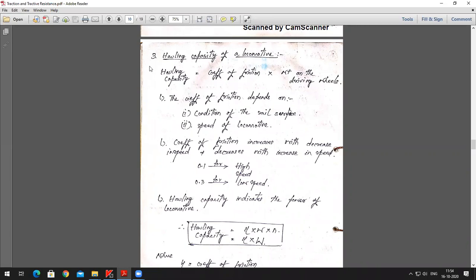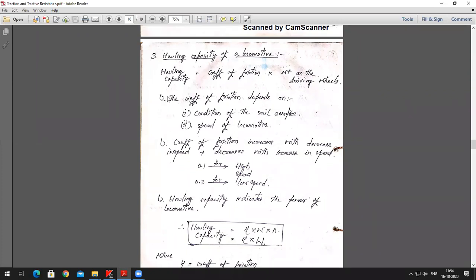Now this hauling capacity has different equations. You will understand how it can be obtained in different ways, as and how the data has been given to you in the problem. When we start solving the problem, you will understand it much better.